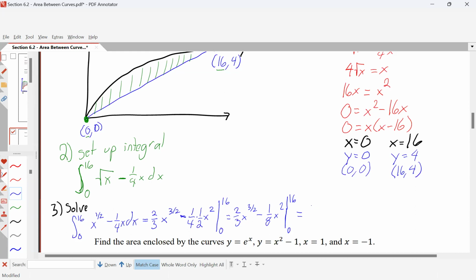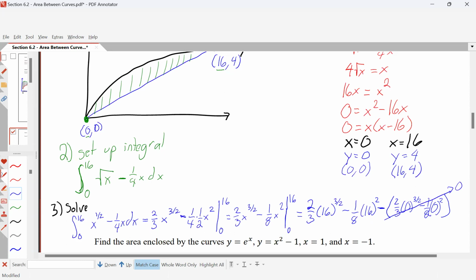Plugging in 16 and 0, we get 2/3, 16 to the 3/2, minus 1/8, 16 squared, minus 2/3, 0 to the 3/2, minus 1/8, 0 squared. This whole piece here is just 0.